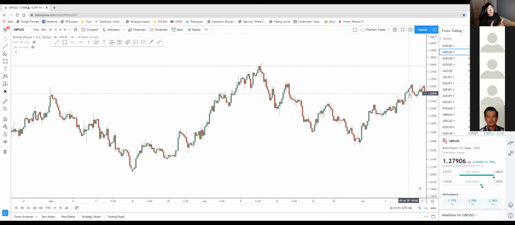I'm not sure why. Maybe because of the pandemic, or maybe the market is changing its behavior or patterns. But what we need to do is very simple. We just stick to our fundamentals. We just stick to our basics.